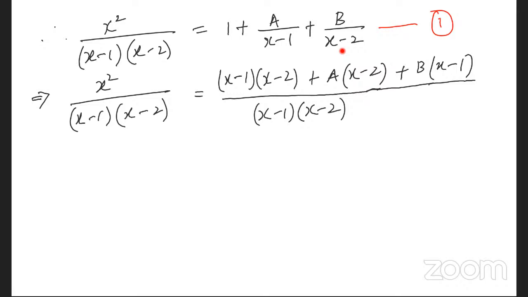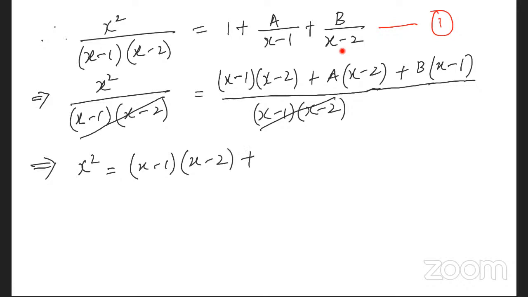Okay, these two terms get cancelled in the denominator. So this implies x square is equals to x minus 1 into x minus 2 plus a into x minus 2 plus b into x minus 1.